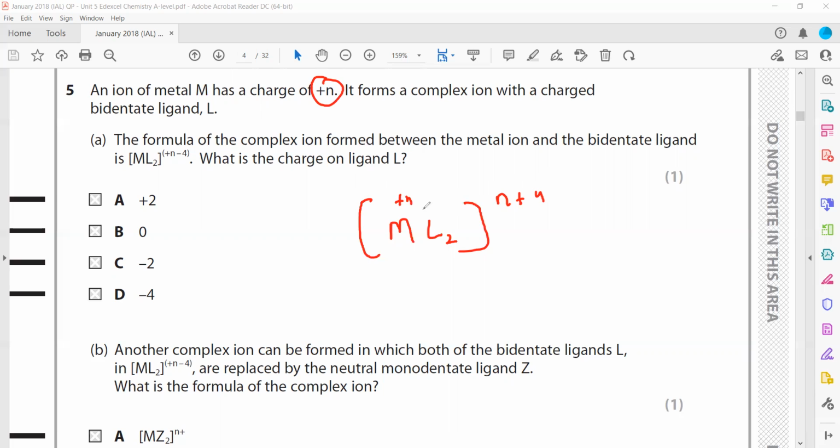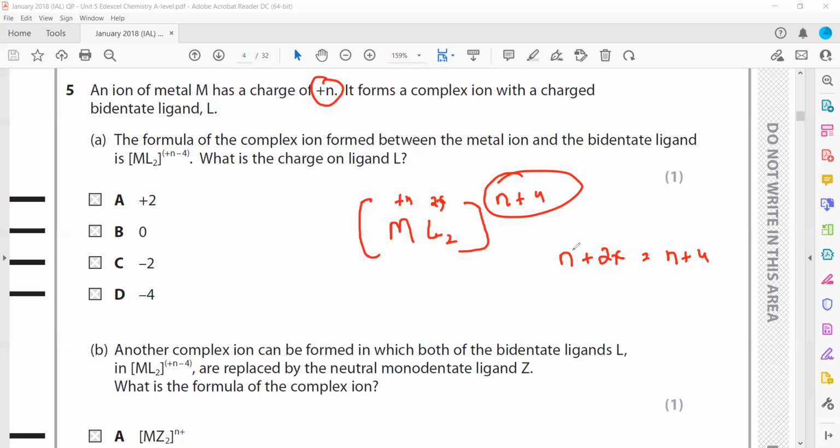We don't know the ligand charge. Each is X, but there are 2 ligands attached, so it will be 2X. So I can say N plus 2X is equal to N+4, because the total sum of the oxidation numbers of the metal plus the ligand will be equal to the charge on the complex, which is N+4.